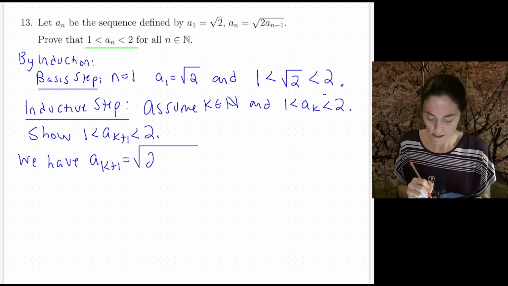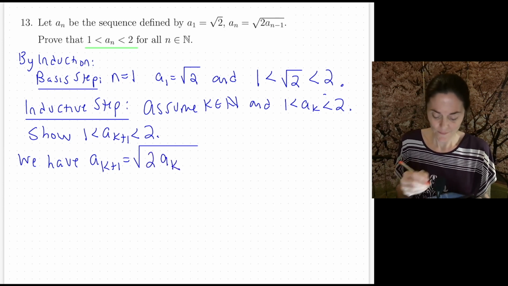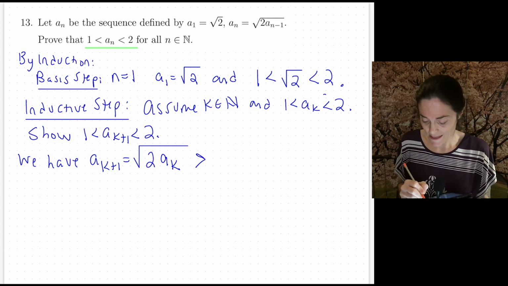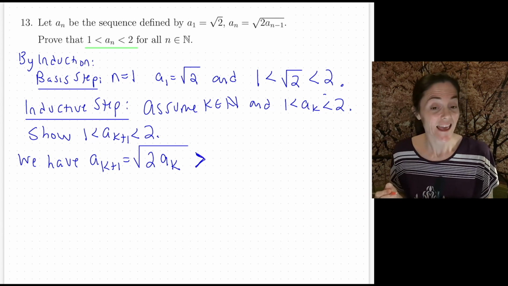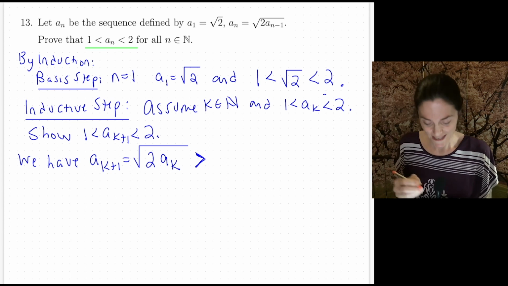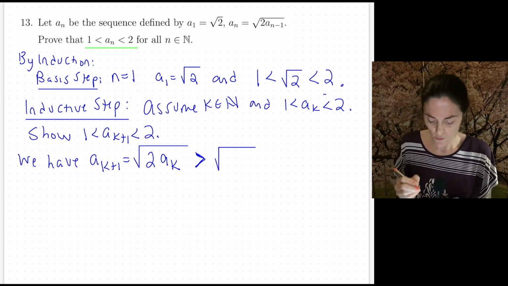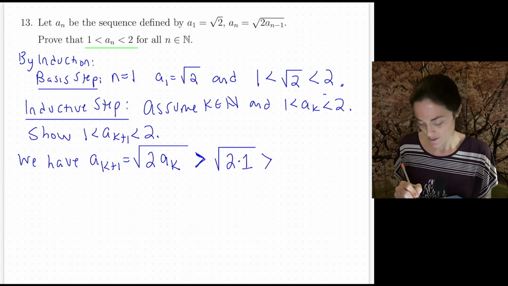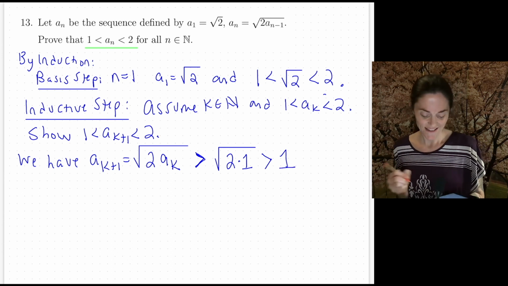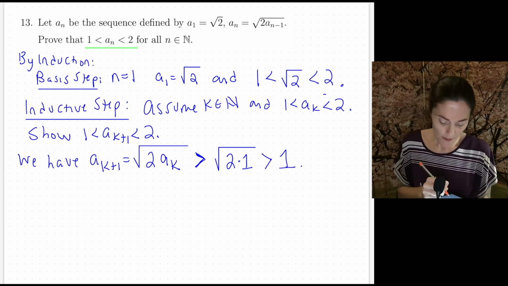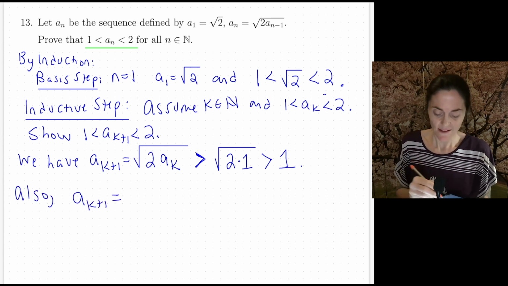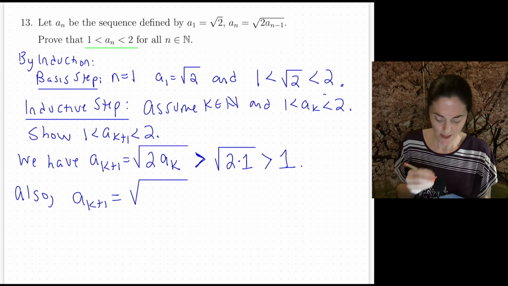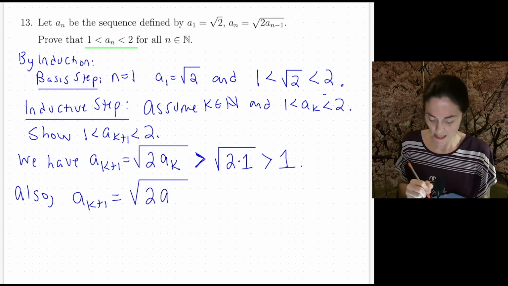the square root of 2 times ak. Now, this is bigger than the square root of 2 times 1, because ak is bigger than 1. And the square root of 2 is bigger than 1. Okay, so that's one side. Similarly, I can just recopy this, that a(k+1) equals the square root of 2 times ak.